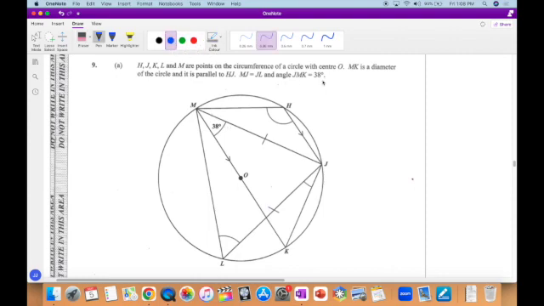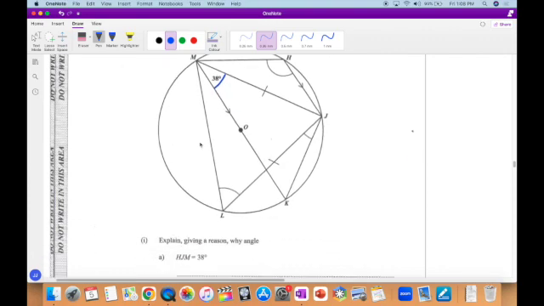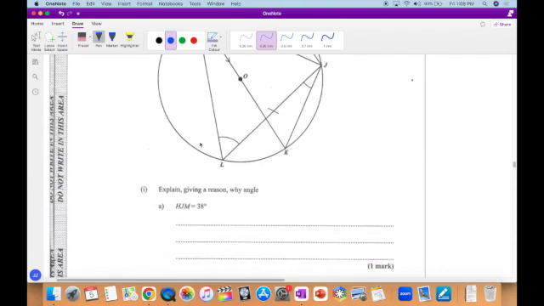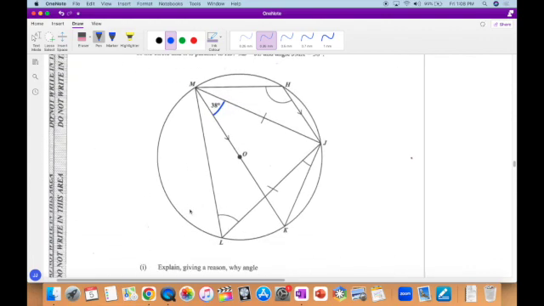And we could see here, they're just describing it to us. This is 38 degrees over here. So explain, giving reason for your answer, why HJM is 38. What is HJM? HJM is this. Why is that 38? Well, this line and this line are parallel, so this is the transversal.